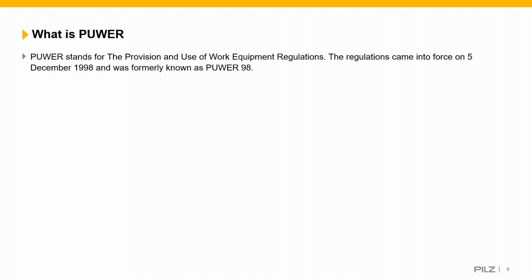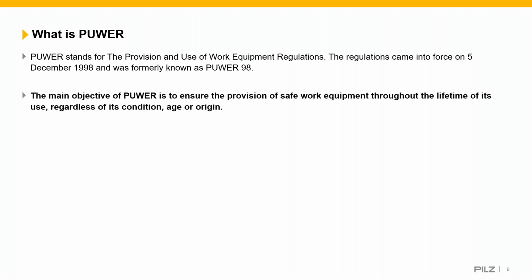So what is PUWER? PUWER stands for the Provision and Use of Work Equipment Regulations, and they initially came into force on the 5th of December 1998. It was originally known as PUWER 98 when it first came in. The main objective is to ensure the provision of safe work equipment throughout the lifetime of its use, regardless of its condition, age, or origin.